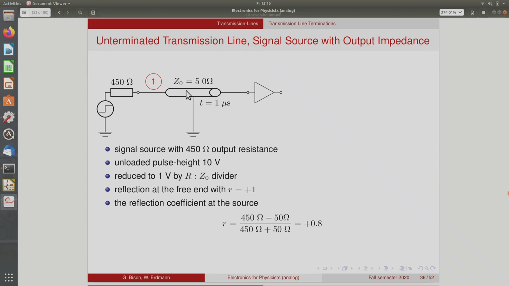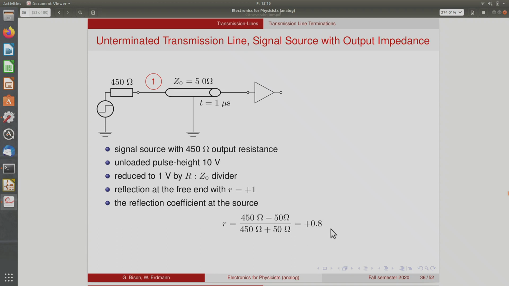So this will travel down the line, and you have a reflection at the free end because we have no termination in this case. So the signal will come back with a reflection coefficient of +1 to the source, where it will be reflected again. But now the reflection coefficient is given by this formula that we've derived before. So it's the difference of the two resistances divided by the sum.